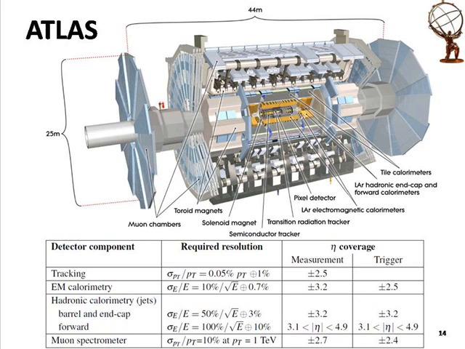The dark yellow one is the electromagnetic calorimeters, and the green one in the barrel part is the hadronic calorimeters, and the most outer region, the blue region, is the muon spectrometer. I have been honored to be involved in the commissioning of the end-cap muon spectrometers at CERN from 2006 to 2007, and it was a pretty impressive experience.